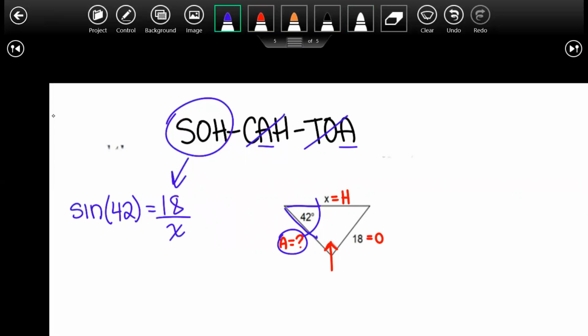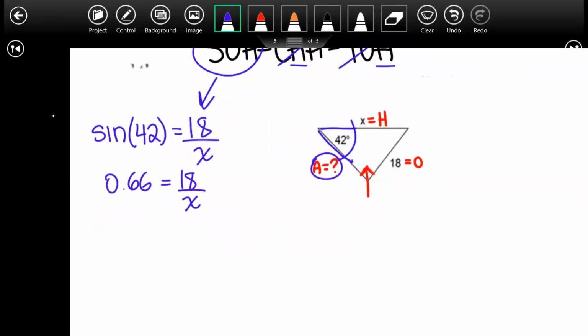How do we solve for this? Sine of 42 first, right? 0.66. Then what do we do? Cross multiply. Then we do what?